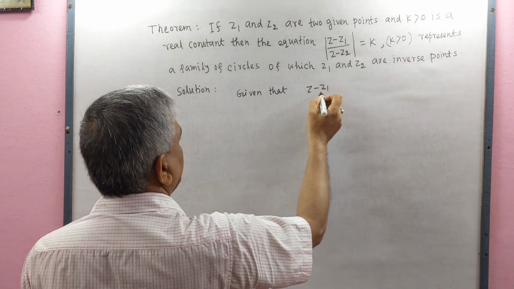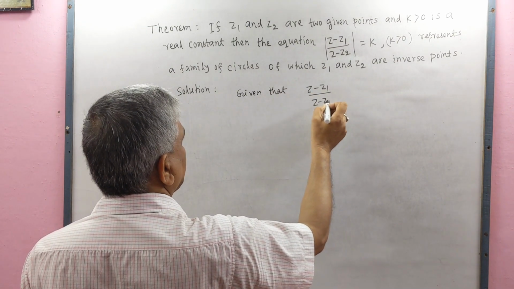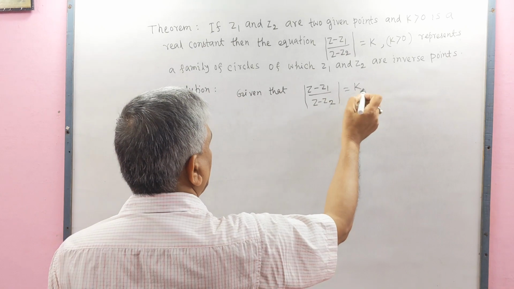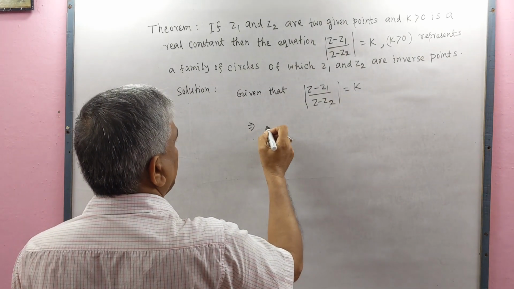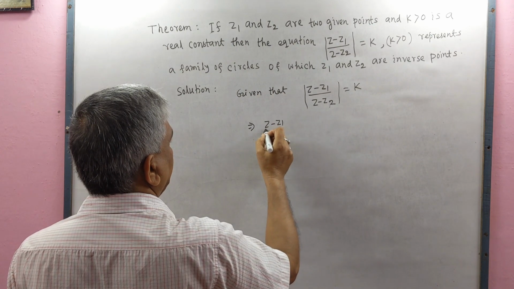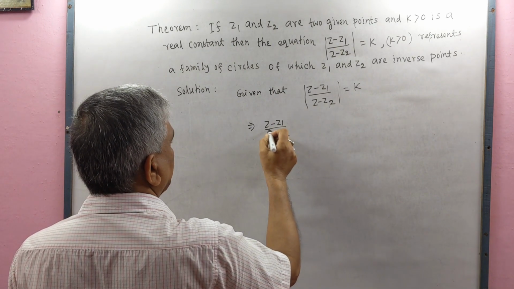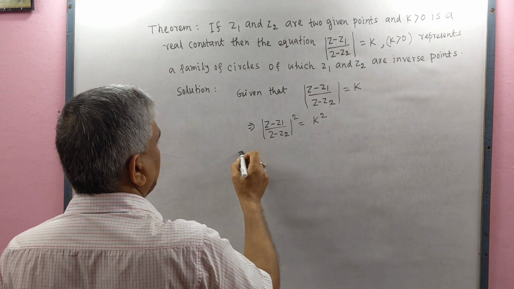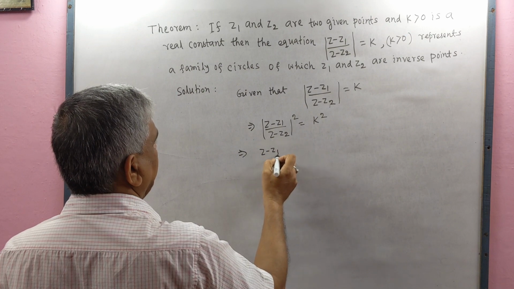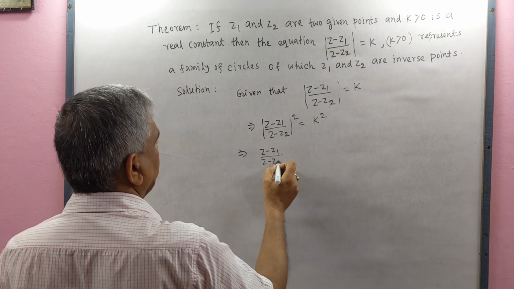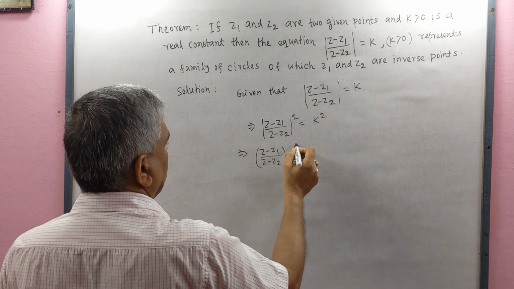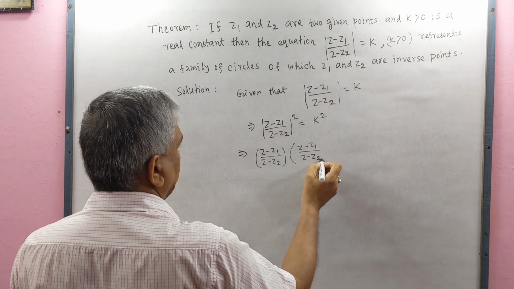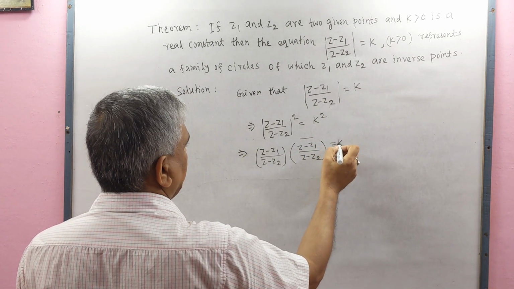Modulus of Z minus Z1 by modulus of Z minus Z2 equal to k implies that modulus of Z minus Z1 by Z minus Z2 square equal to k square implies that Z minus Z1 by Z minus Z2 multiplied by Z minus Z1 by Z minus Z2 bar equal to k square.